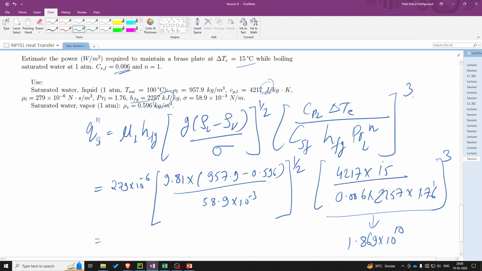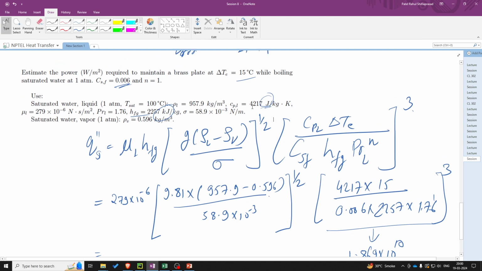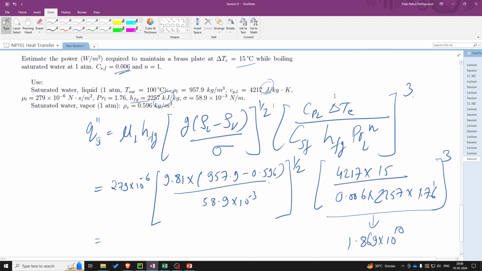Correct, correct. You can just multiply it by 10 raised to 3.